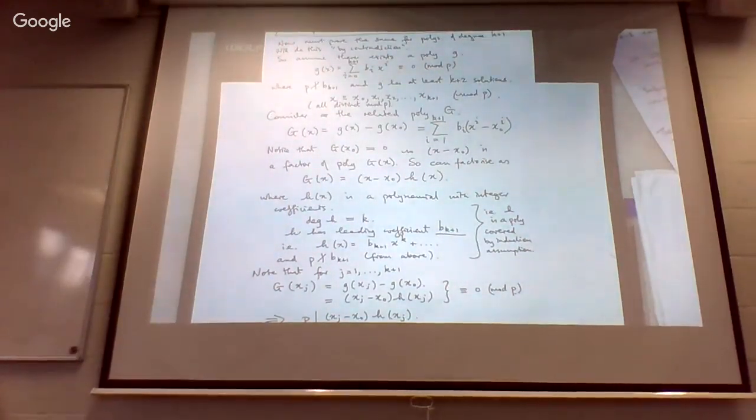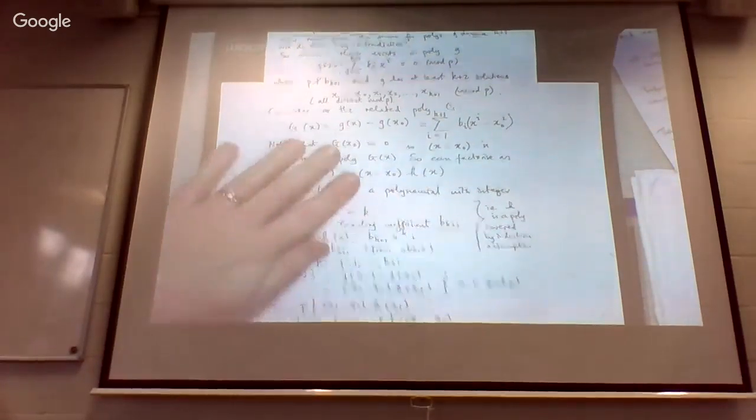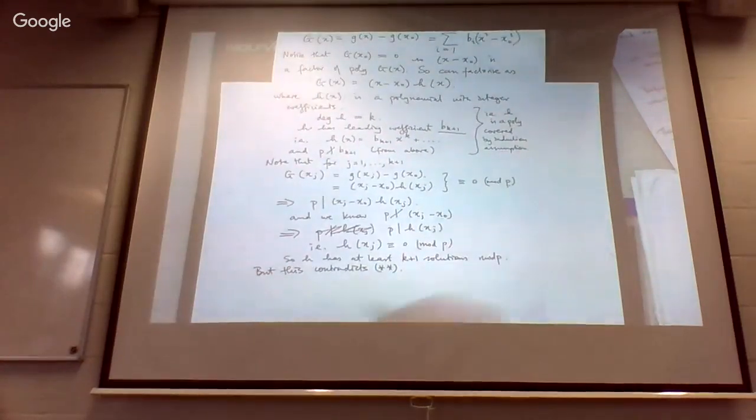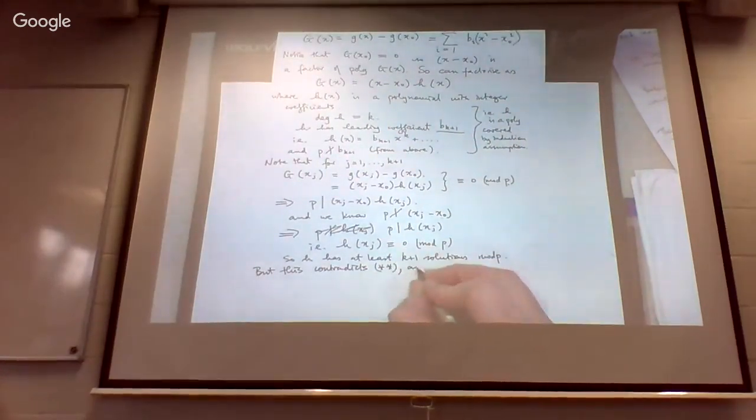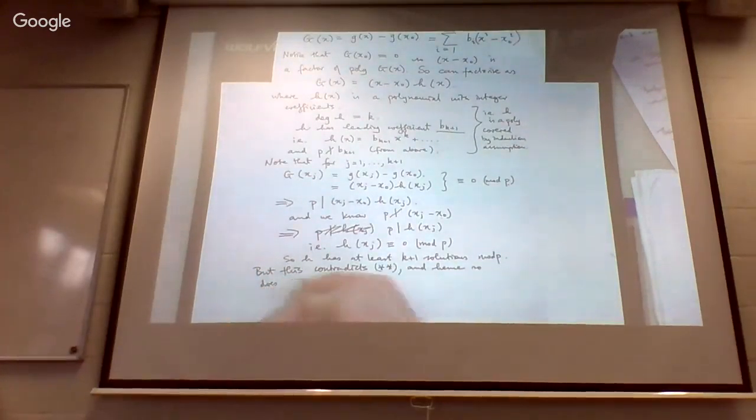So little g cannot exist if the assumption star star is true. Assumption star star implies there are no bad polynomials at degree level k plus 1.